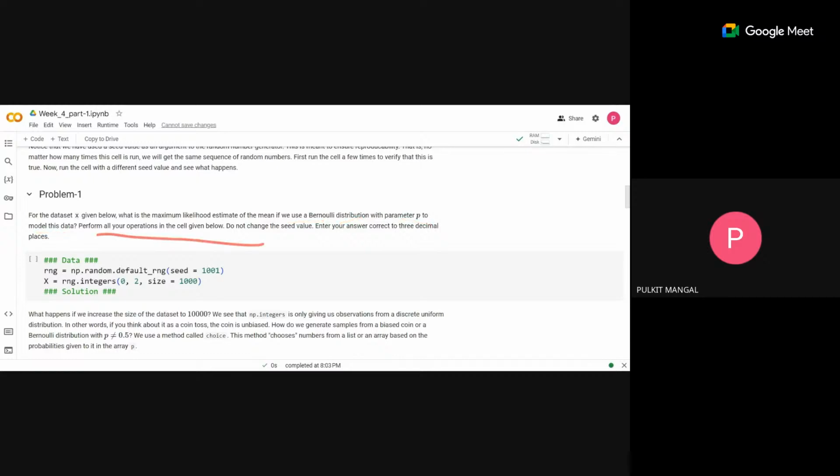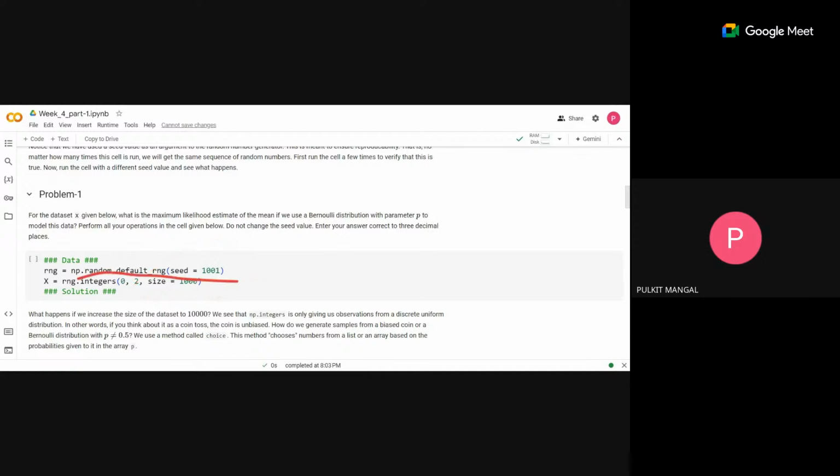Perform all the operations in the given cell and do not change the seed value. This part is important. Don't try changing the seed value in any cell below, otherwise you will get a different answer that will not match the answer given in the portal.